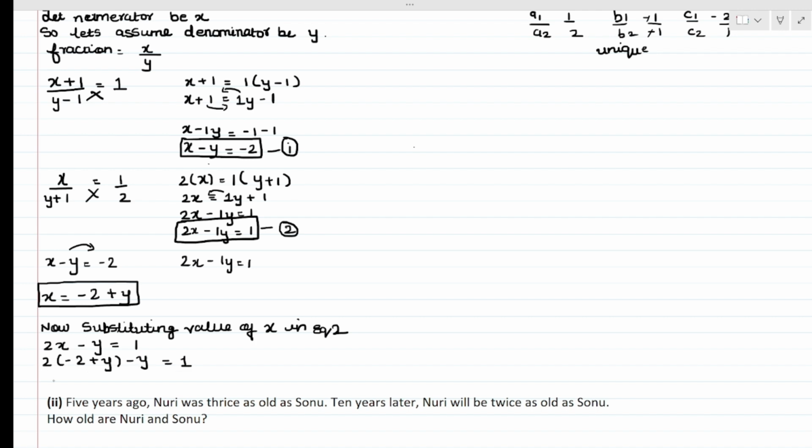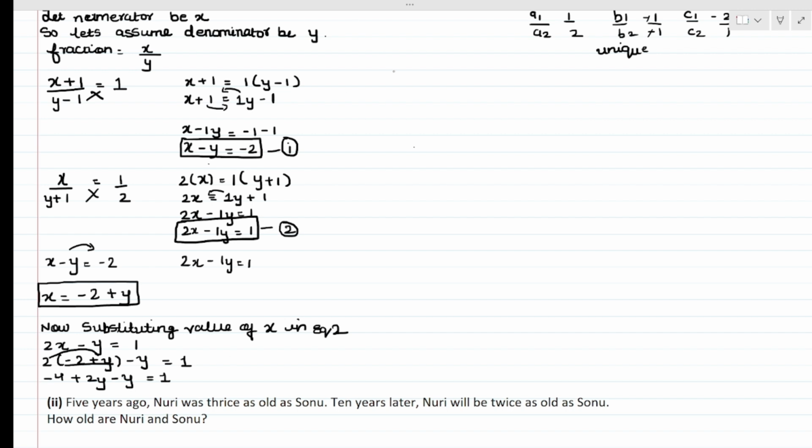Now solve this. 2 times minus 2 gives minus 4, plus 2 times y. Whenever you are multiplying a bracket with the front term, you need to consider the whole bracket. So 2 gets multiplied by minus 2 as well as by y. So I get 2y minus y equals 1.